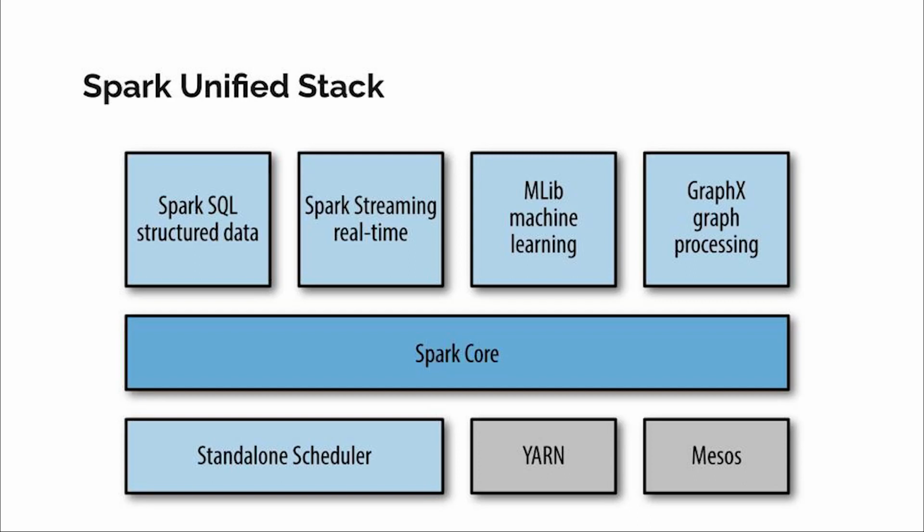The benefit of such a stack is that all the higher layer components will inherit the improvements made at the lower layers. A small example, optimization to the Spark core will speed up SQL, the streaming, the machine learning, and also the graph processing libraries as well.